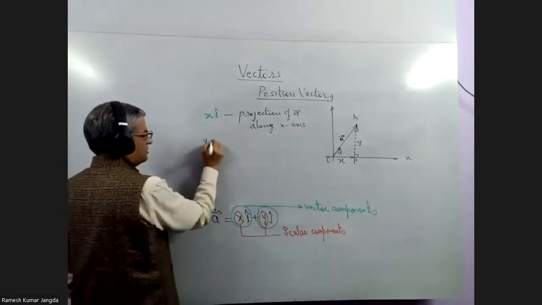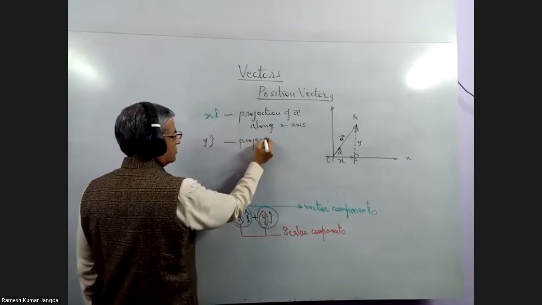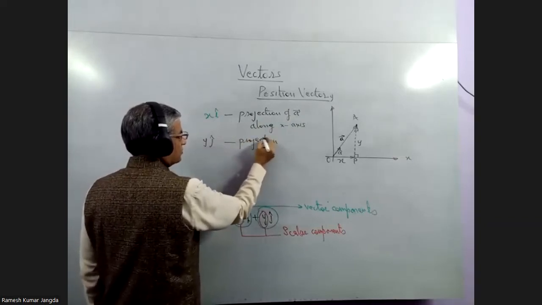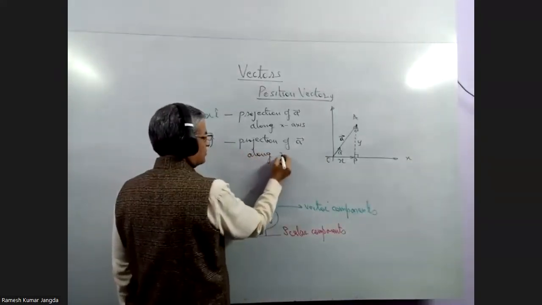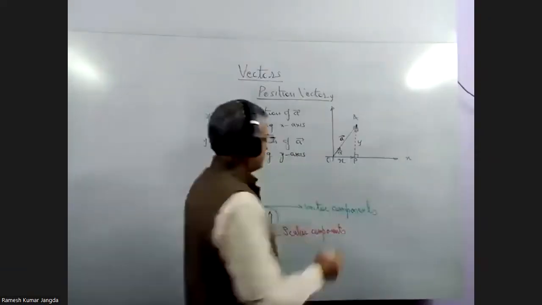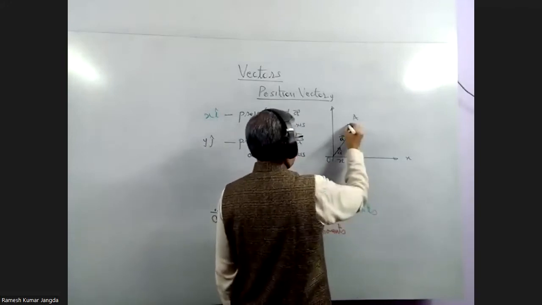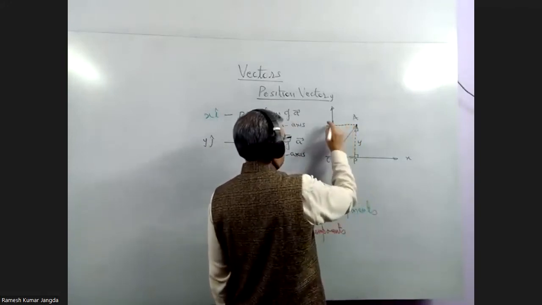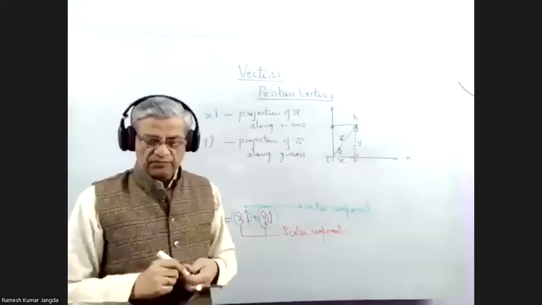And y j cap is projection of vector A along y-axis. So these are called projections. This is projection of A on this, and if I drop a perpendicular here, then this is called projection of A on y-axis. ठीक है?